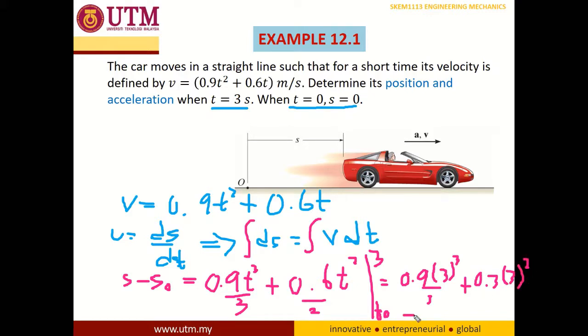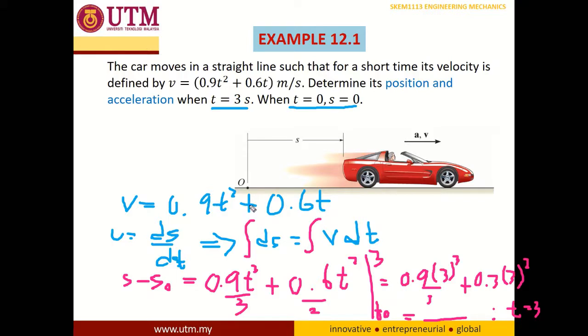Then if we solve it, you will get the distance traveled when t equals 3. And that's how we can solve for the position if we have a velocity as a function of time.